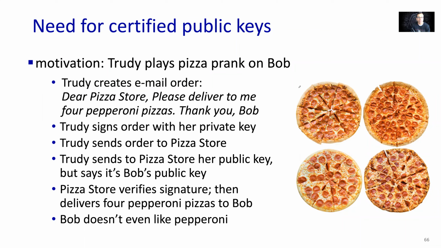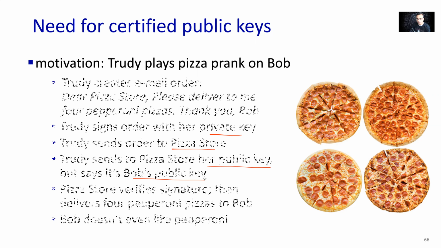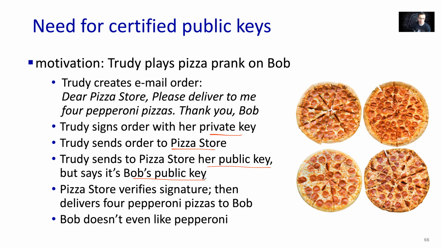And Trudy could, again, in this case, sign the order with her private key, right? And send this order to the pizza store. And then what Trudy could send to the pizza store is her public key, but claim that this is Bob's public key, right? So in effect, it's very similar to that man in the middle attack that you saw there.